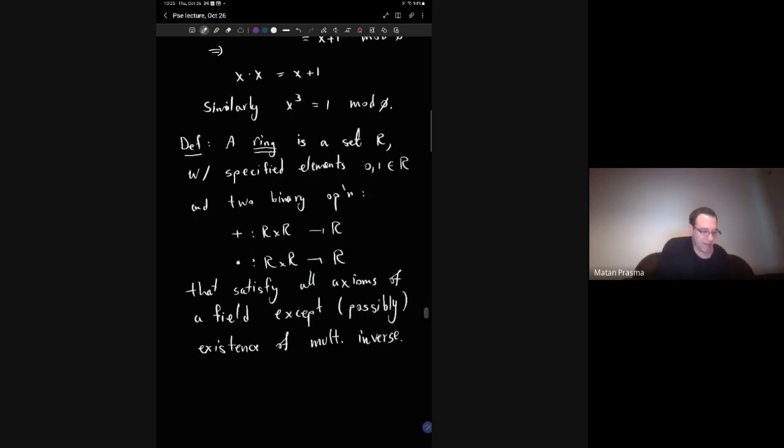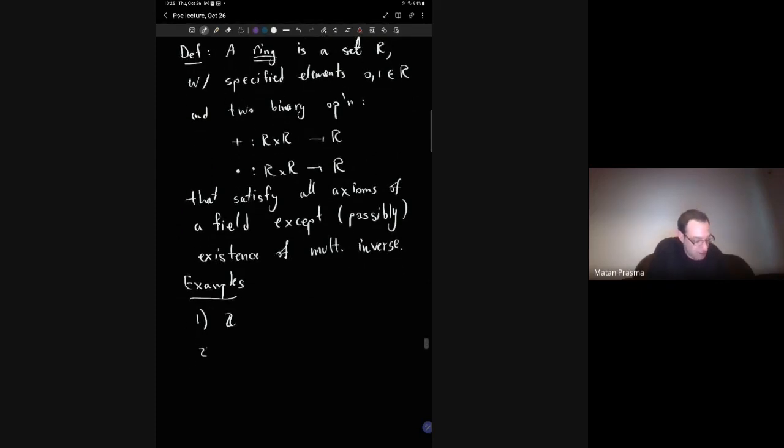And well, the easiest example is the integers, right? The integers, you have addition, you have multiplication, but you don't have a multiplicative inverse. You have an additive inverse, but you don't have a multiplicative inverse.